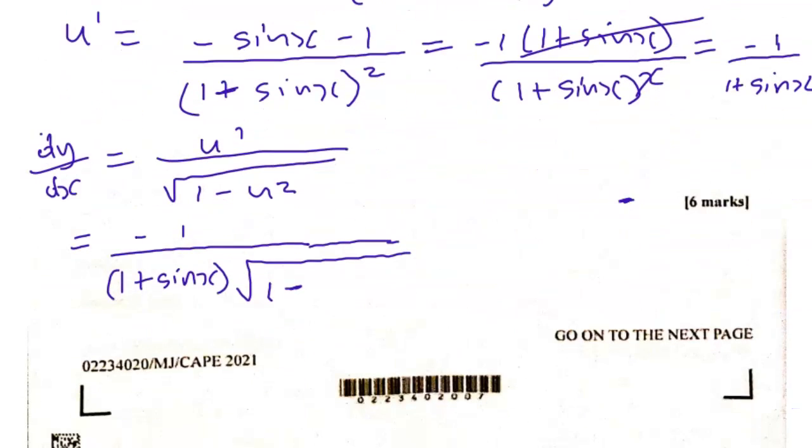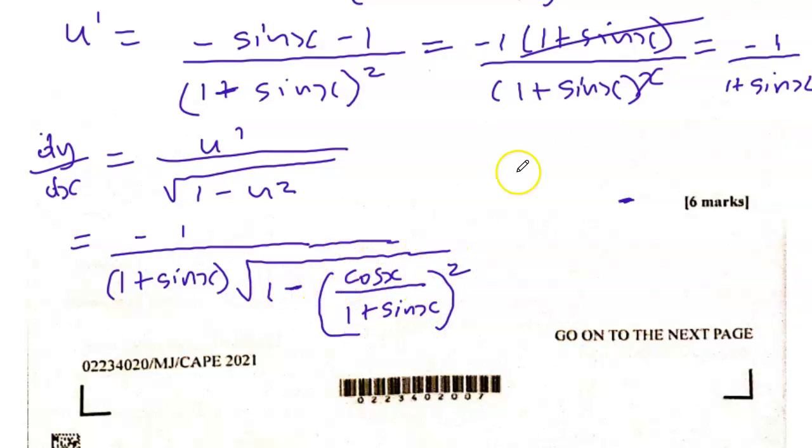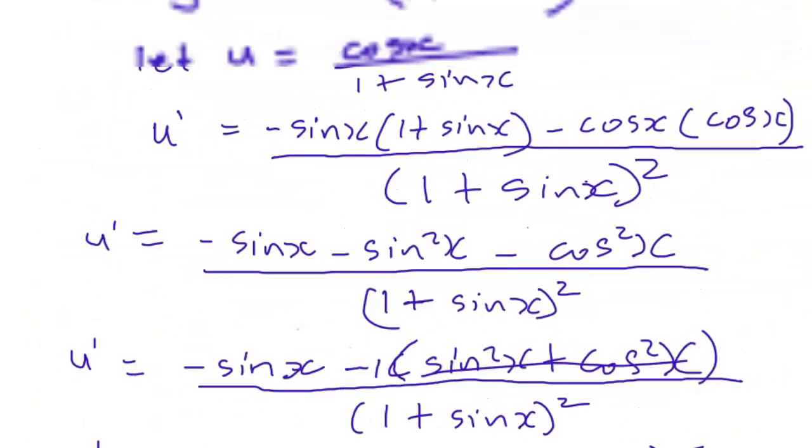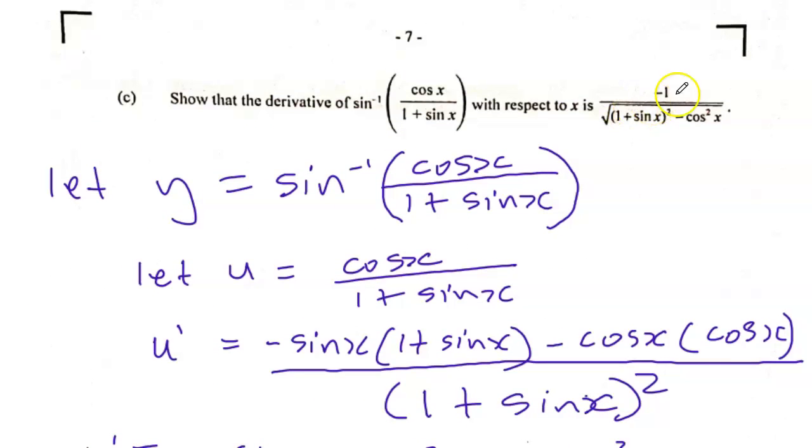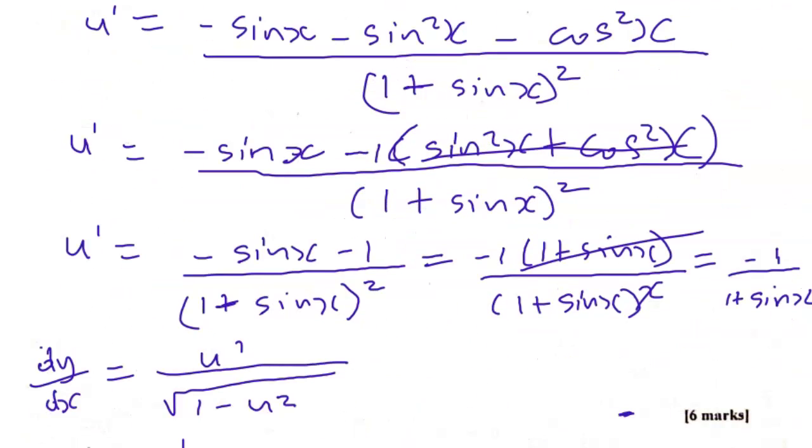So (cos x over 1 plus sine x) all squared. So we need to simplify this and show that we'll end up with what they asked us to prove, which is equal to this expression here. Let's try and fix it up now.